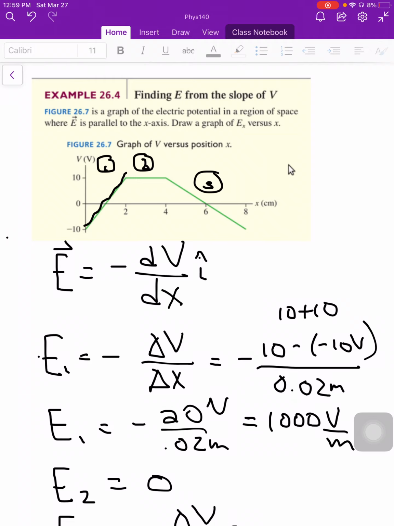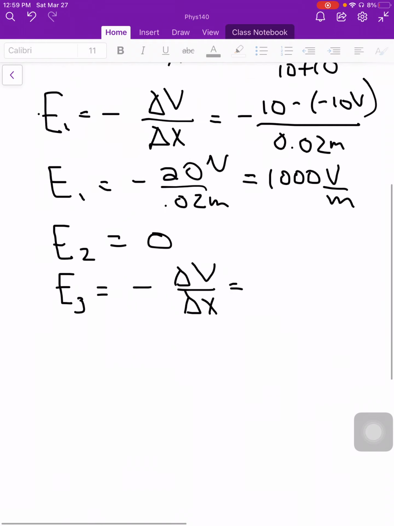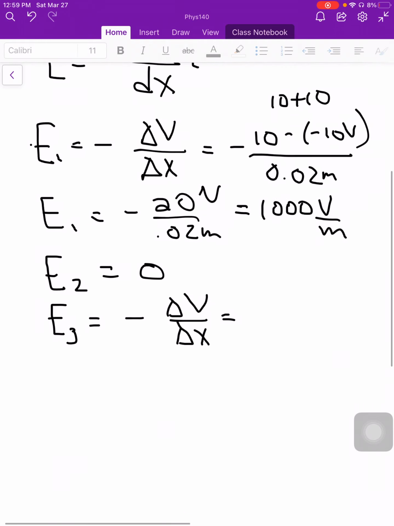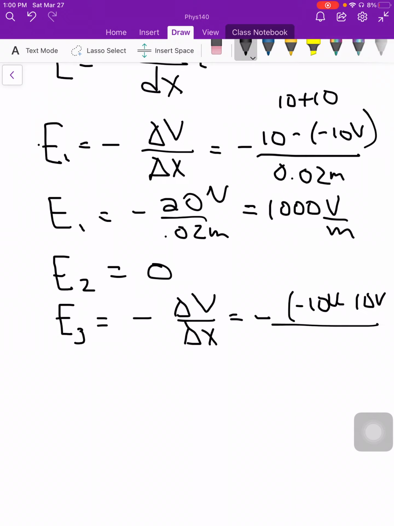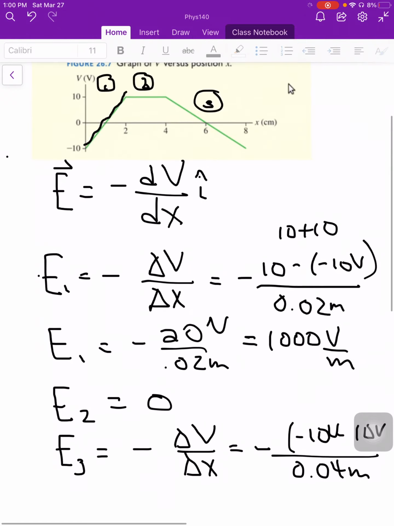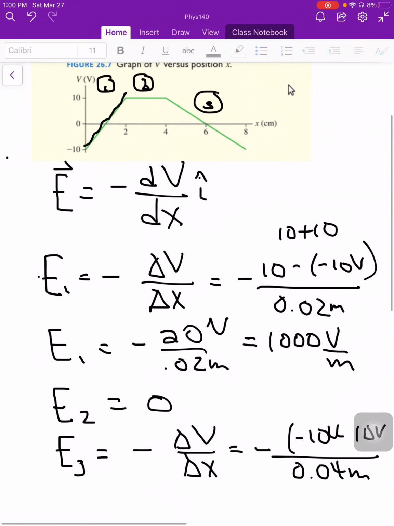Okay, so it's ending at negative 10, and it's starting at positive 10. So I'm going to have a negative of negative 10 minus 10, both volts, over 0.04 meters, right? Because in this case, we're going from 4 to 8. So the range is 8 minus 4, which is 4 centimeters or 0.04 meters.